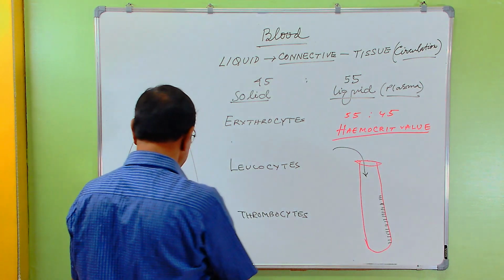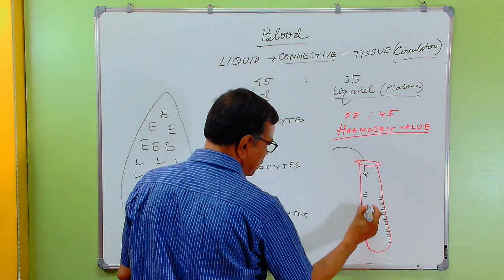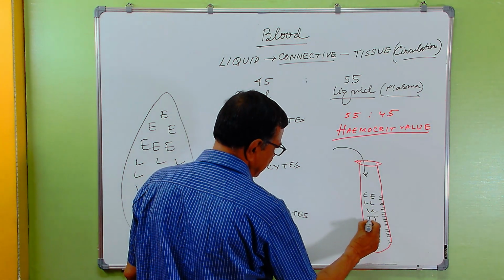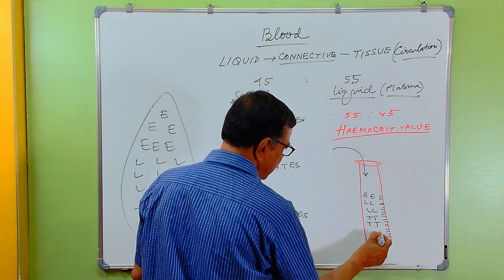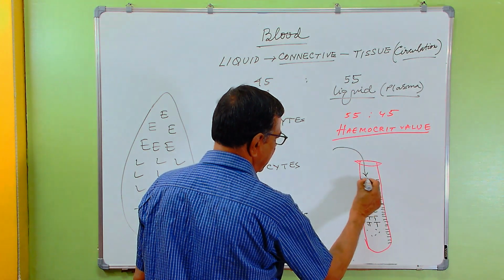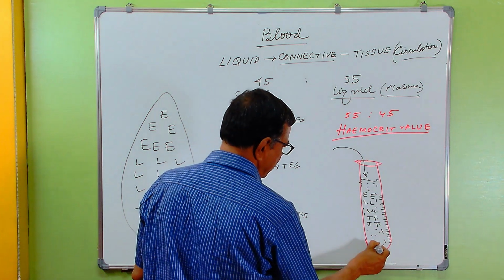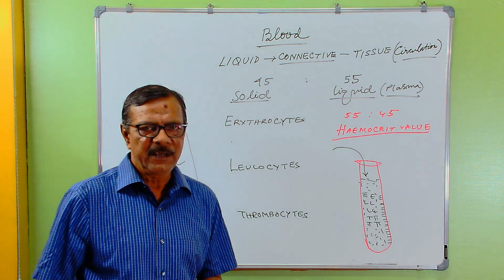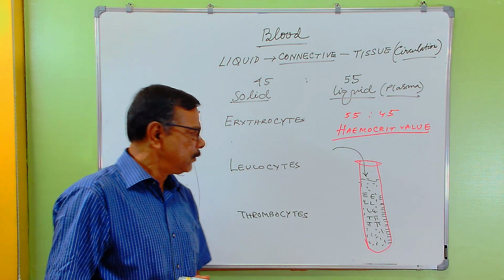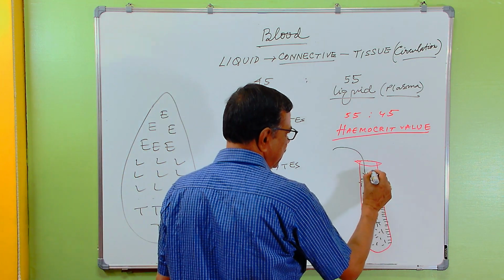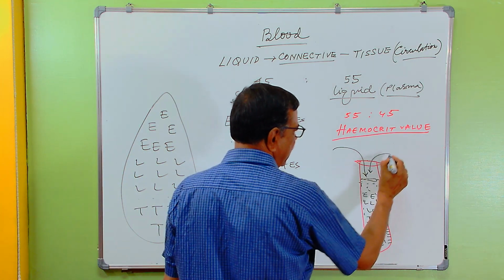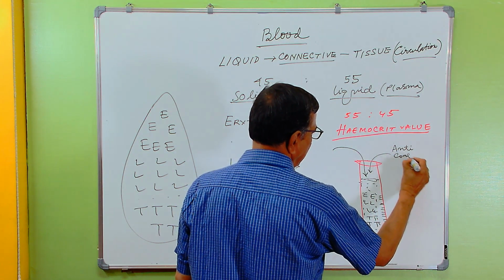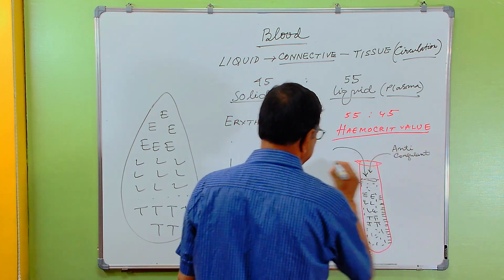So this blood will contain erythrocytes, leukocytes and thrombocytes, and there will be a liquid part also. Once you put it, it will coagulate, it will clump. In order to avoid coagulation, you have to put some anticoagulant.